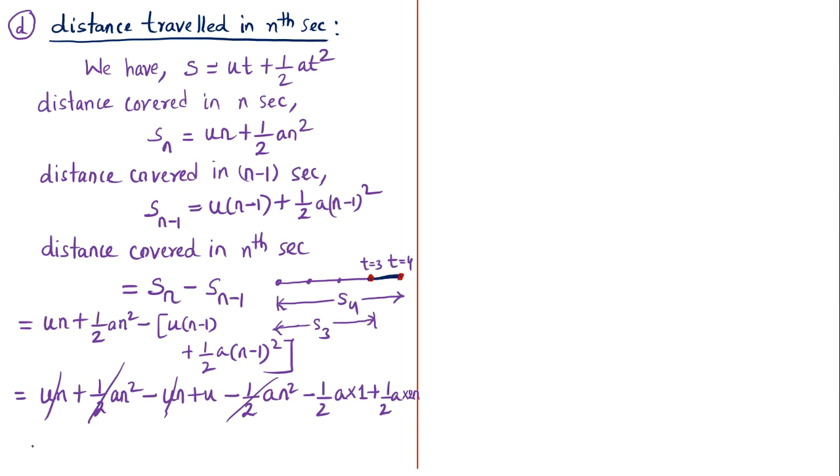Clear? Then what I get is u plus half a into 2n, minus half a. So S n second, the distance traveled in nth second, equals u plus half a, taking half a common, times 2n minus 1.